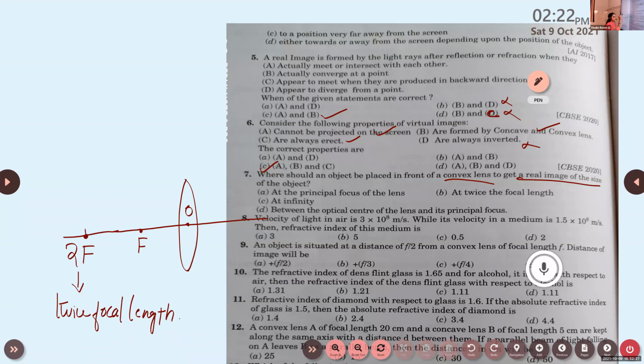If you place the object at 2F, then only you get an image which is the same size as the object. So which is the correct answer? Twice the focal length. So option B is right, at twice the focal length.